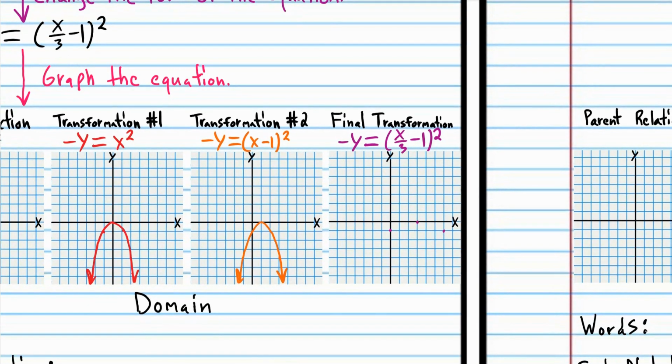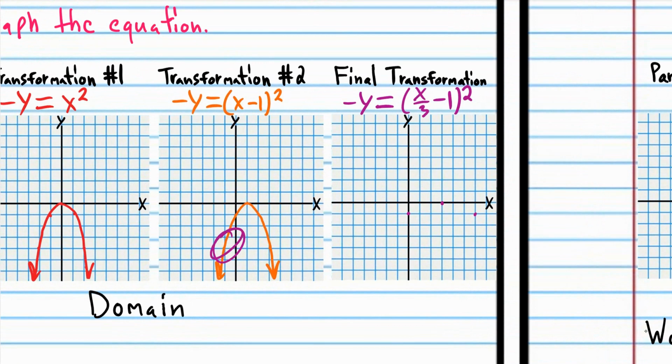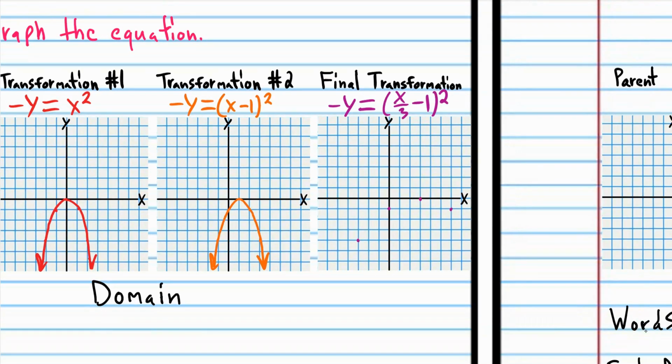Now we need to, well, I guess we can use this point here. That point is negative 1, 1, 2, 3, 4, negative 1, negative 4. So that becomes negative 3, negative 4. So now I think we're ready to connect the dots.